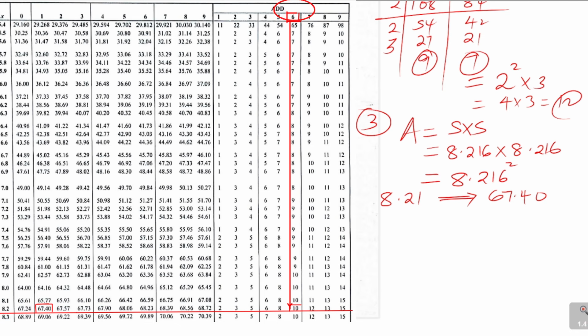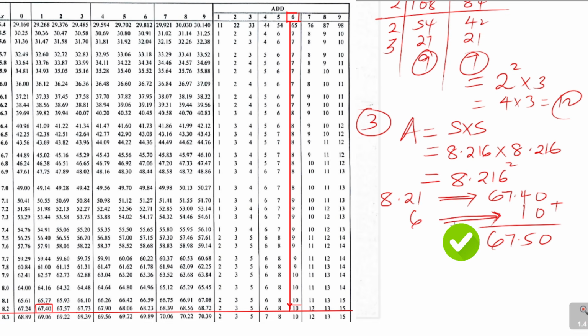So drop down with 6. The value that you find there along the row where you have 8.21 is 10. So you add 10. Be very keen when you add. This will give 67.50.